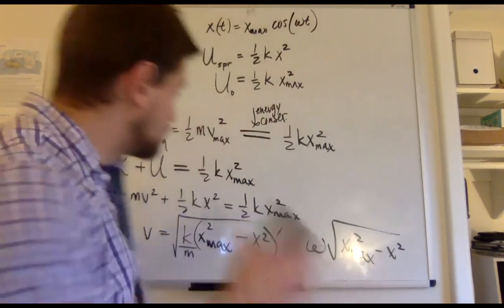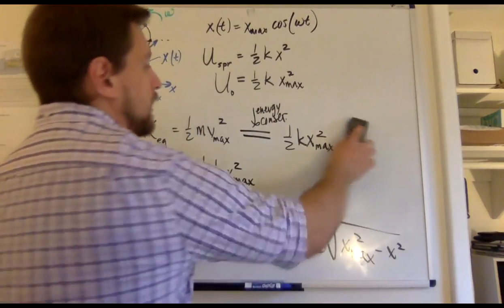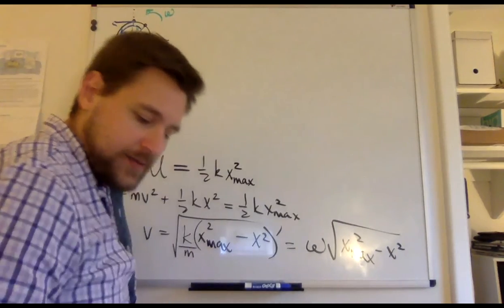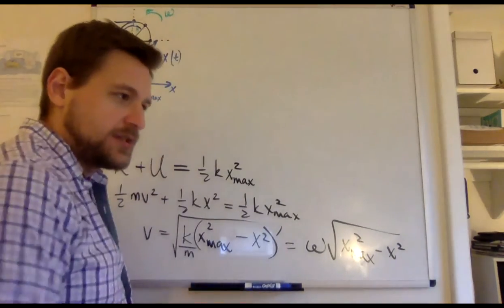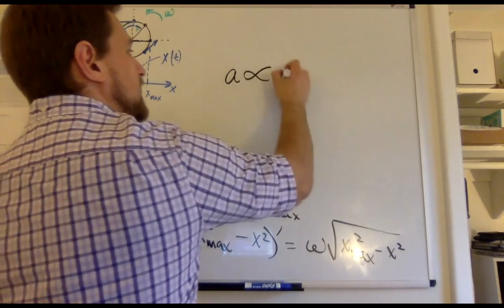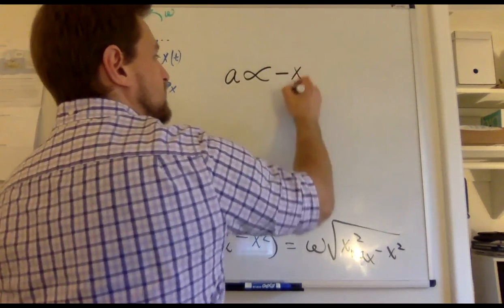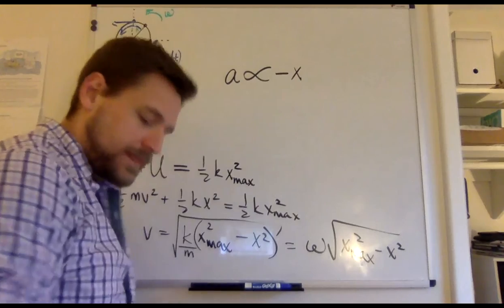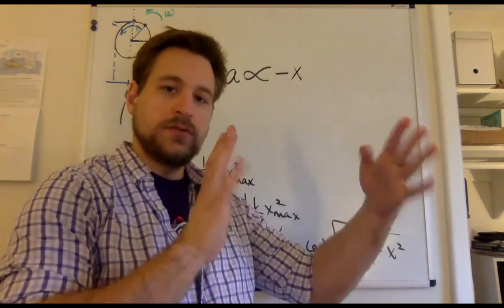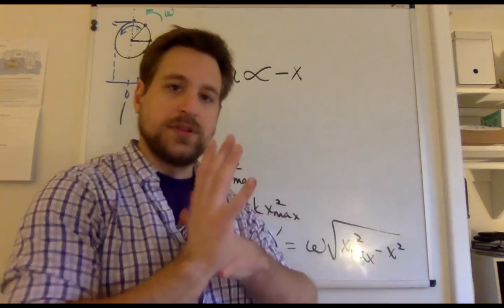And just before we stop, I want to reiterate that anytime we have a situation in which we can say that the acceleration is negatively proportional to the position, the farther away from equilibrium we go, the stronger the system tries to pull us back.